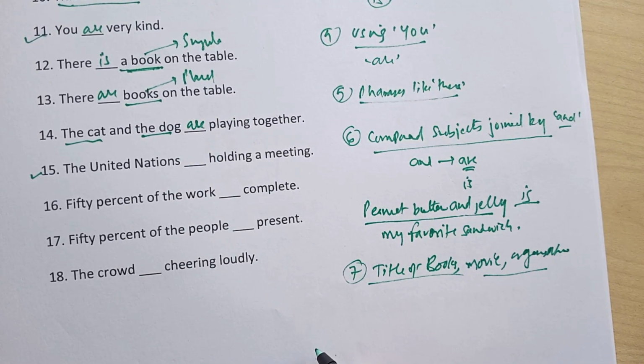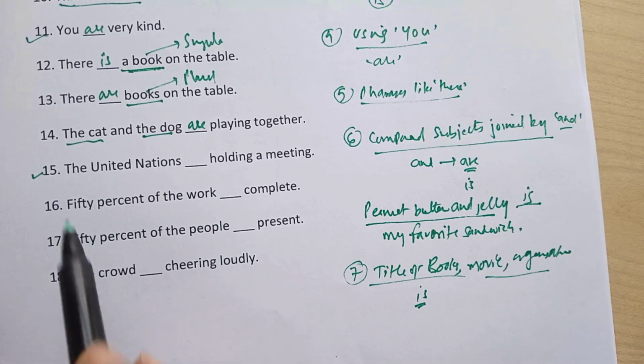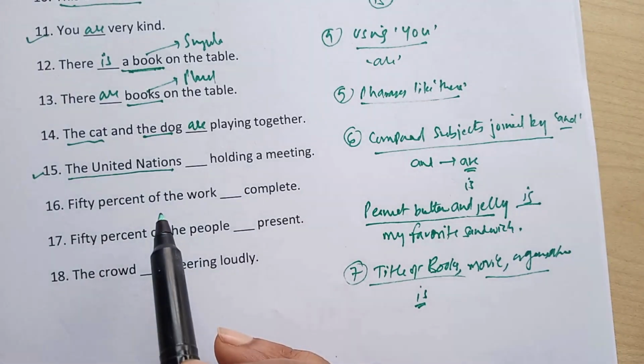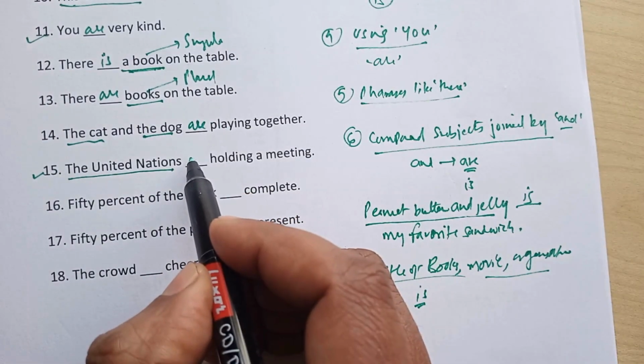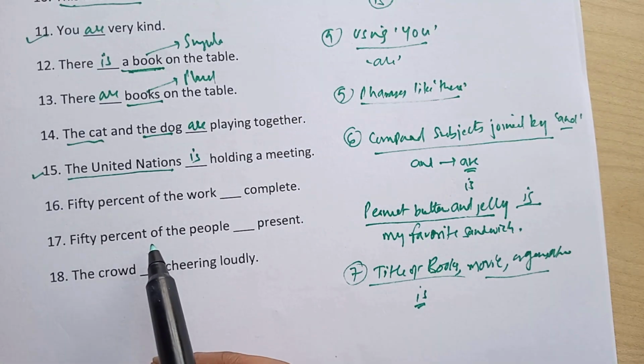Even if the title looks plural to you, we always treat it as singular and we always use "is." So in this case, the United Nations is holding a meeting.